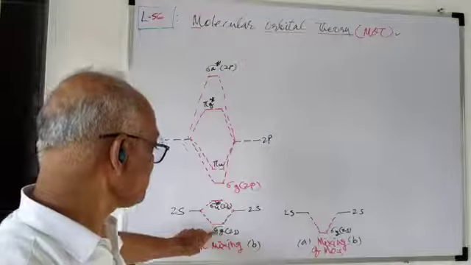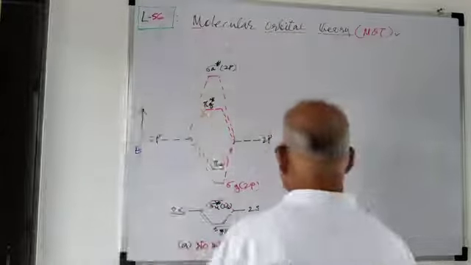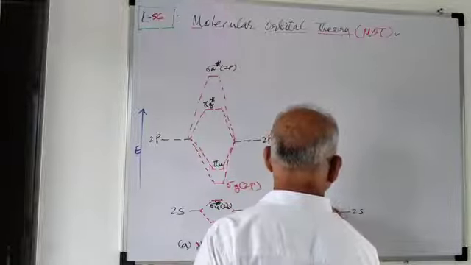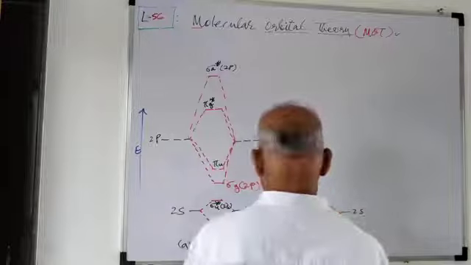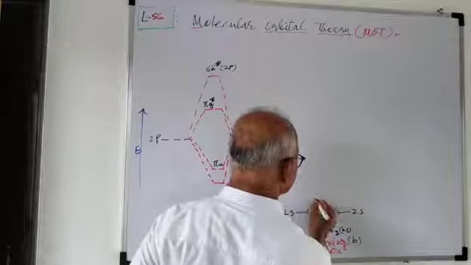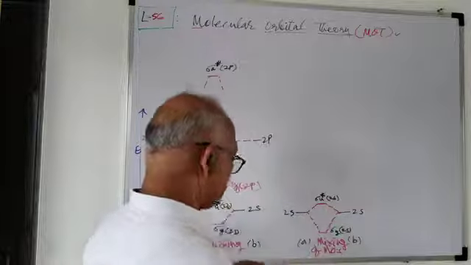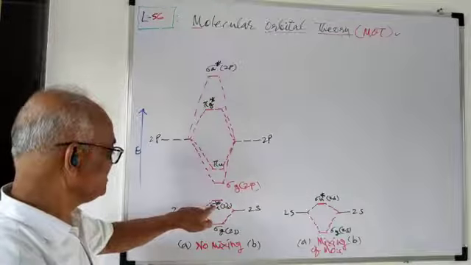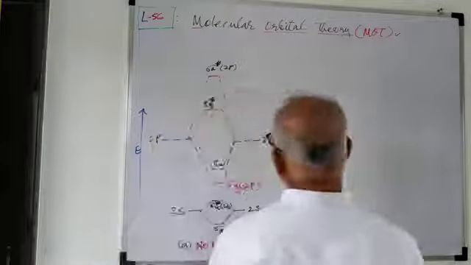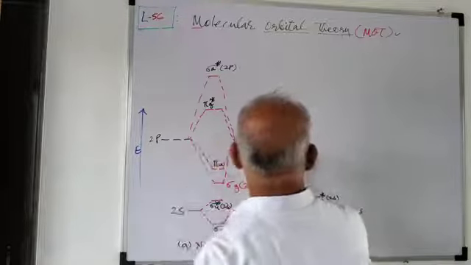Compared to the earlier sigma g 2s, it will go down, and compared to the earlier sigma u star, it will also go down. This is sigma star u of 2s, which is still lower in energy. Now I will go to the 2p orbitals. These 2p and 2p are also of the same energy.